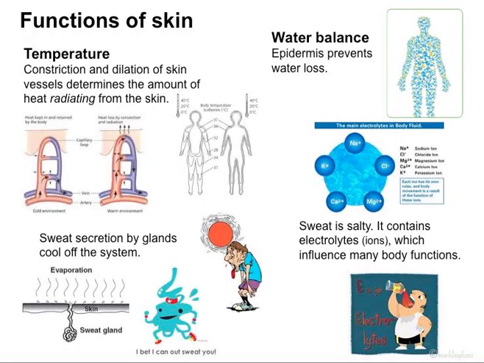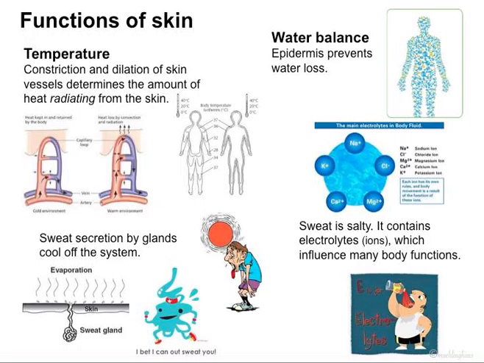Temperature. The dermis has blood vessels in it, and depending on the constriction or the dilation of those vessels will determine how much blood flows to the surface of the body, and how much heat will be radiated off. So if it's hot, we're going to bring those vessels to the surface so they radiate off heat.